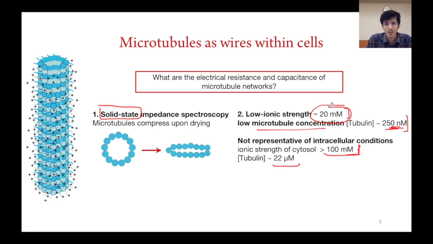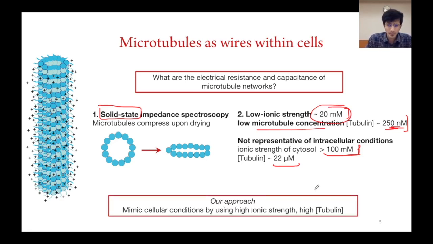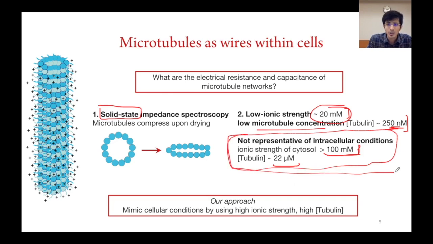ionic strength buffer. So my first experiment, when I sat down with my supervisor, was to mimic intracellular conditions, and see if microtubules changed the electrical properties of a high ionic strength solution. Does the resistance of the solution increase?